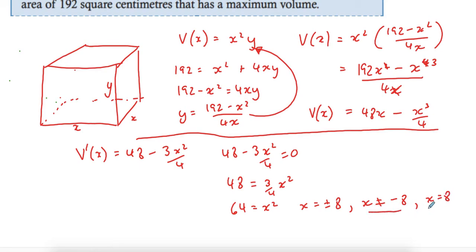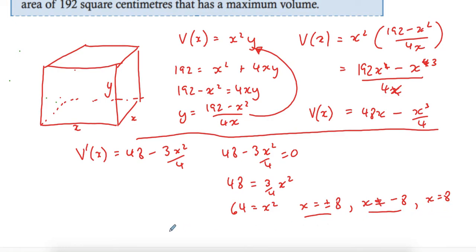Notice that I've written all of this down because it shows the examiner that you understand that there could be a negative value, but because it's a practical example you can't have a negative length. You still write down that x does not equal the negative value to show that you've considered it and are discounting it, and that you know that the final length of the box is 8.